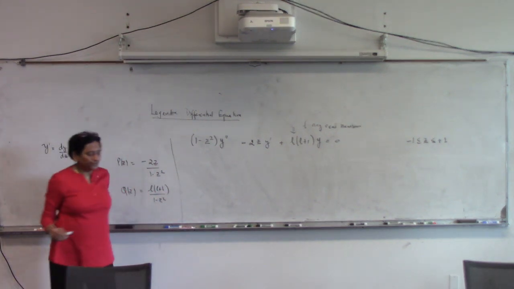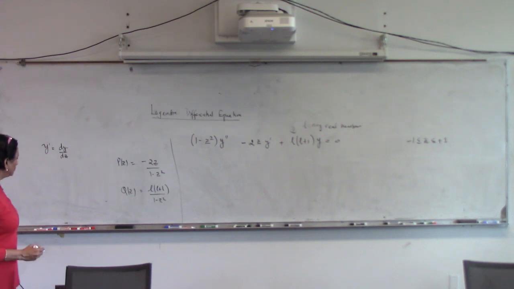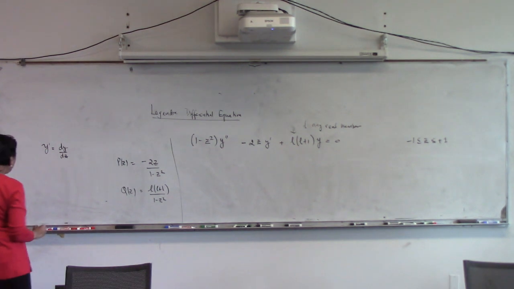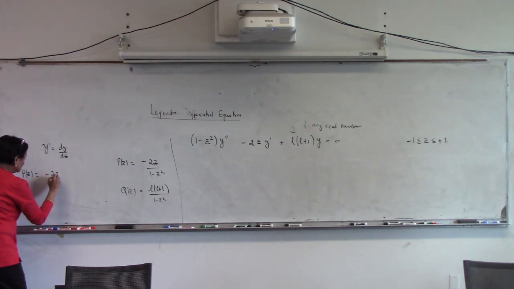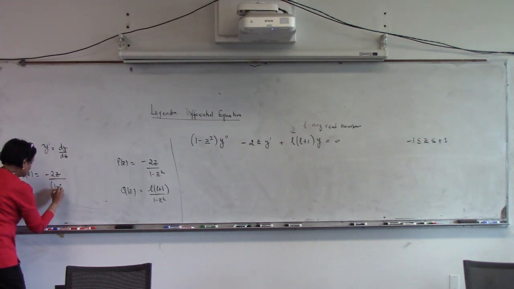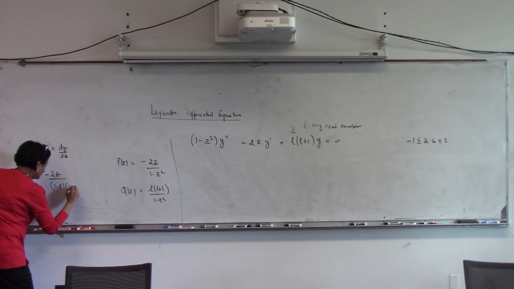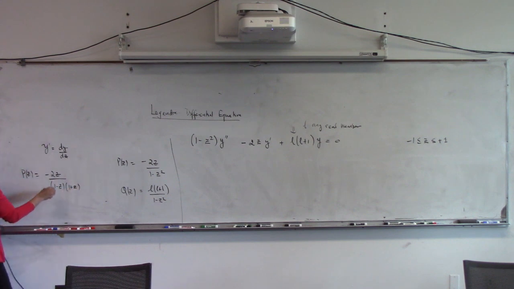Yeah, I mean, P of z at z equal to 1, and at z equal to 1 and -1, it blows up, right?